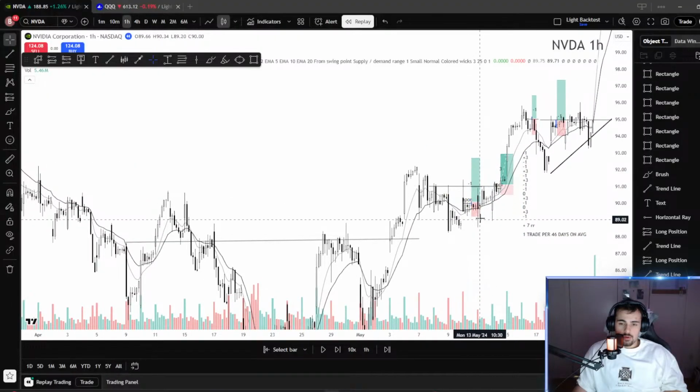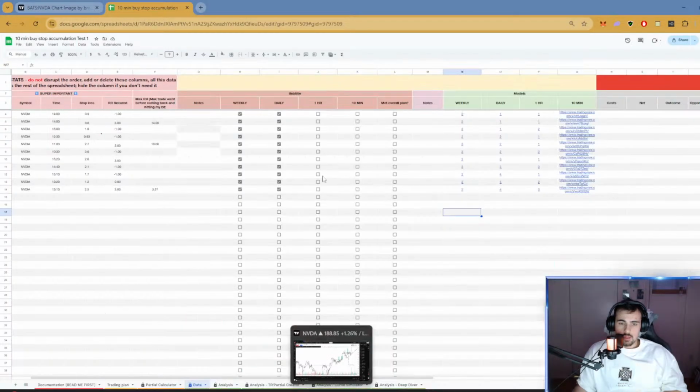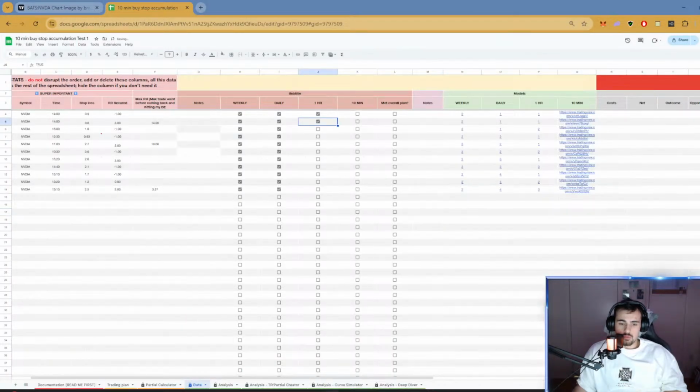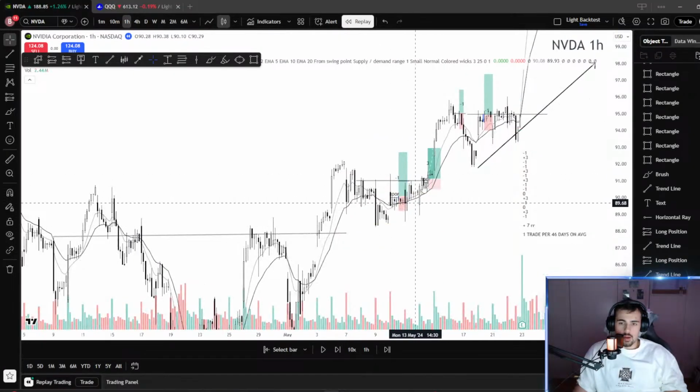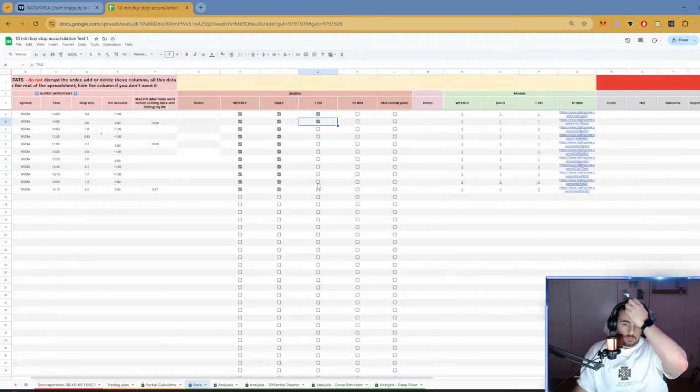Price doesn't deliver, goes sideways still in this area here, breaks up where this trade was met. So I can say that for the first two trades on the 1 hour, the rule was met. And then this third one came up a bit higher, but it was already moved out of this sideways price action into this clear accumulation. So this one was actually met as well.